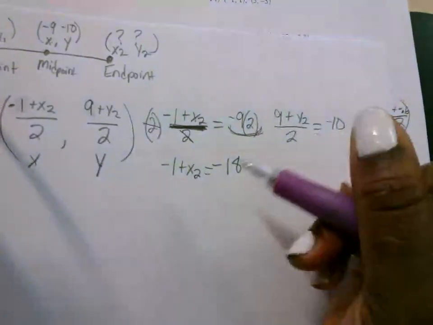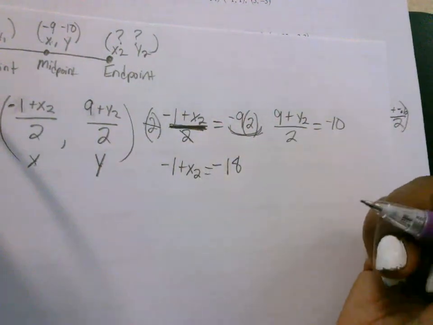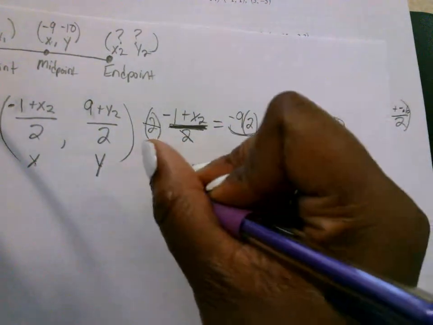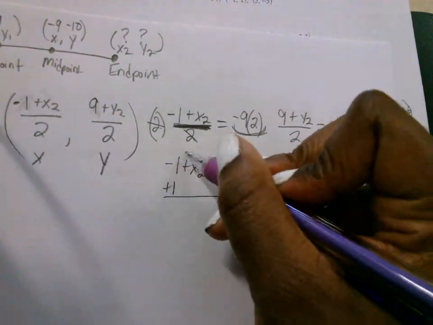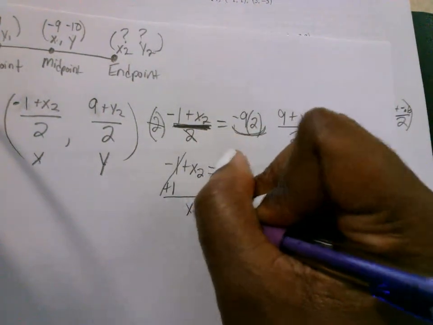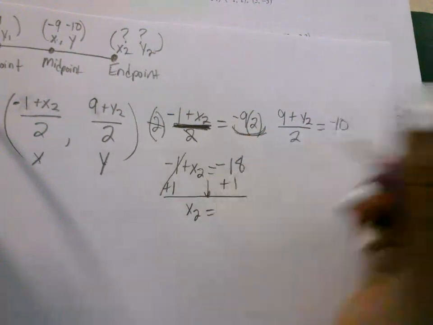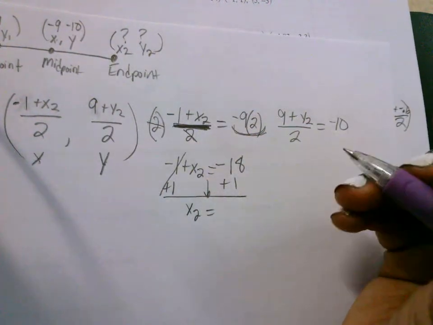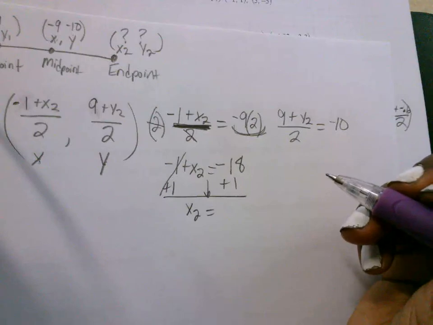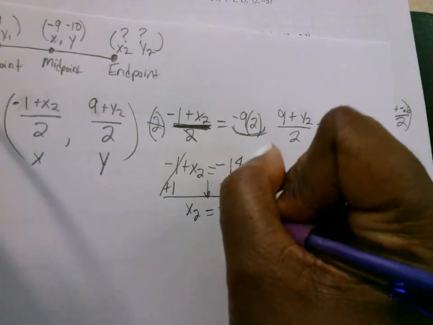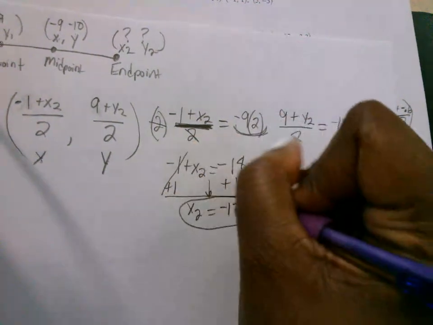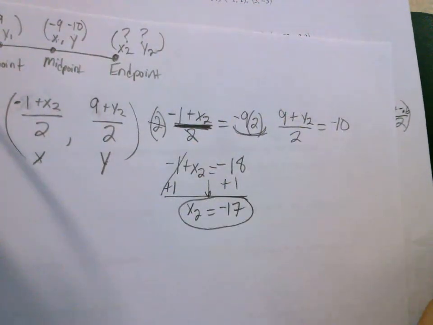Now what are we going to do to get x2 by itself? Add 1. Somebody said, good job. When I add 1 to both sides, this is 0, and I'm left with x2 is equal to what number? Negative, what? You said it so fast I couldn't understand. -17. Sorry, baby, I couldn't understand. All right, so that is what we get for x2.